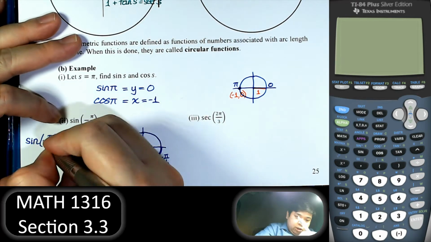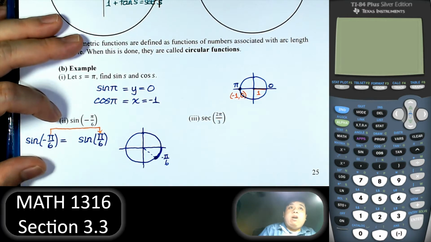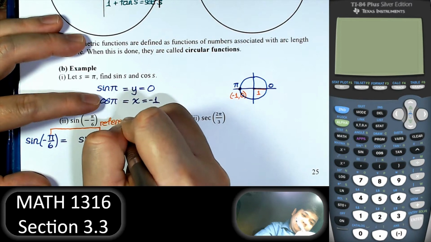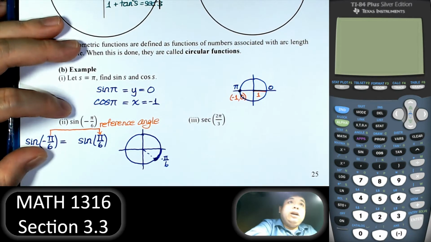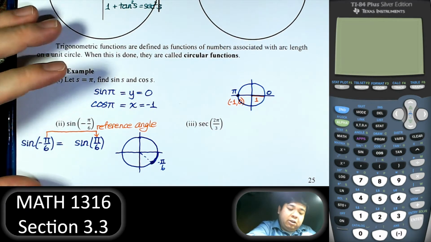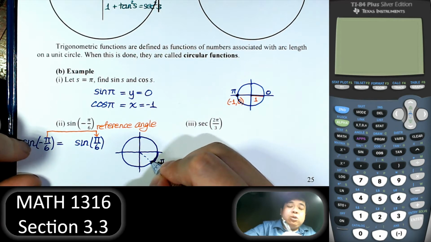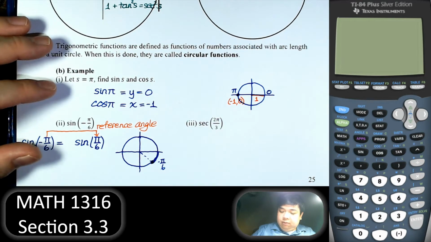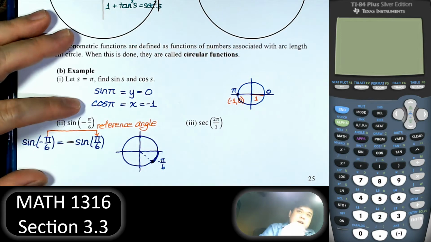So first of all, from -pi/6 to pi/6, what we did there is find the reference angle. And then we determine, is that going to be positive or negative? Notice that sine is equal to the y values, and the y value here is negative. So we determine two things.